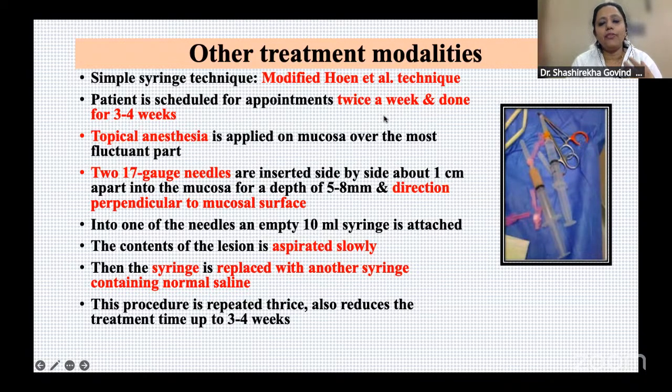Wherever the dependent area is, you just puncture with negative pressure, suck back and aspirate slowly, so that whatever is inside the abscess or swelling is aspirated into the syringe. This procedure is repeated thrice, and it also reduces the treatment time up to 3 to 4 weeks.